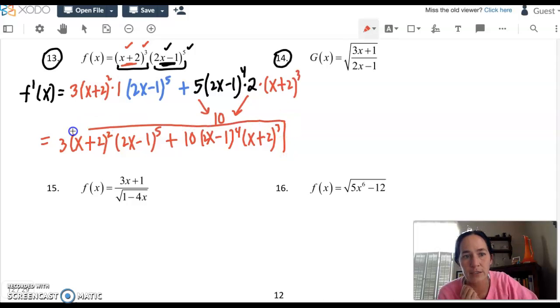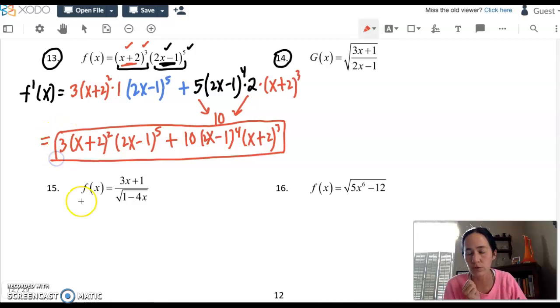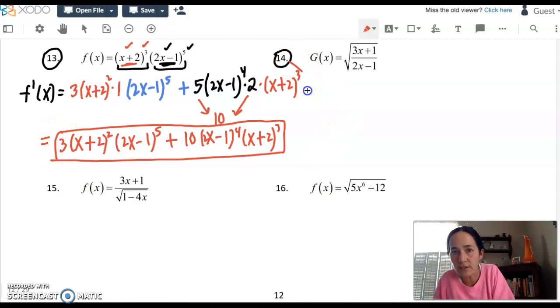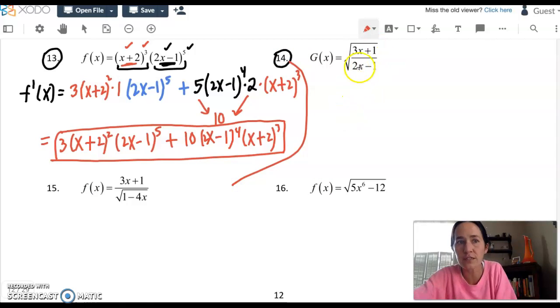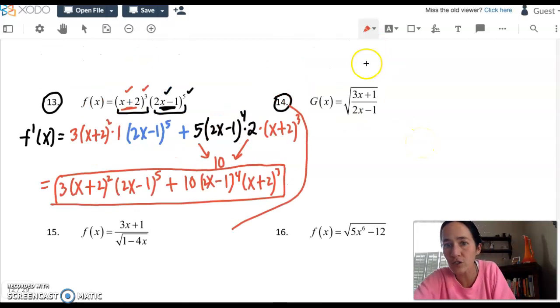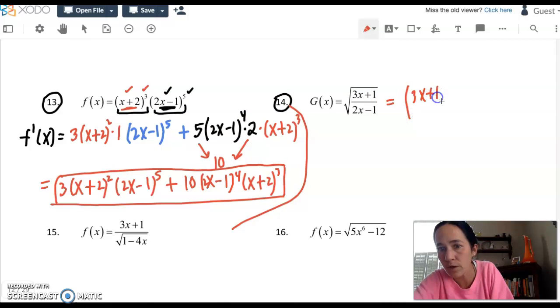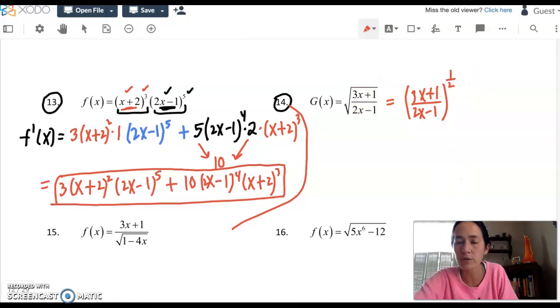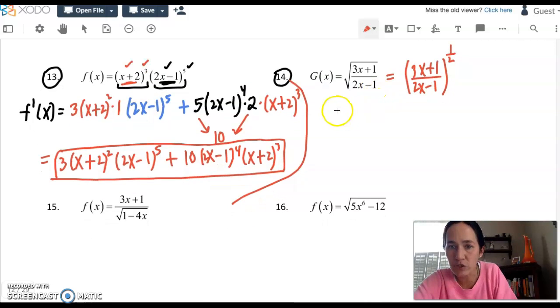Just looking at the next problem, number 14 has a big square root around an entire quotient. Let's try this dealing with the main event first. First, let's deal with the fact that the whole fraction is raised to the 1/2 power. This is 3x plus 1 over 2x minus 1, all to the 1/2 power, like this. Okay, so now g prime of x.